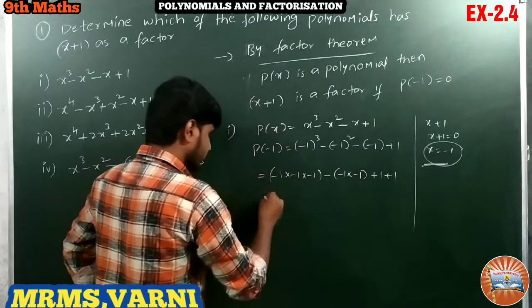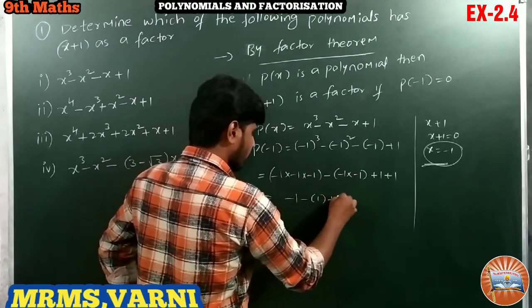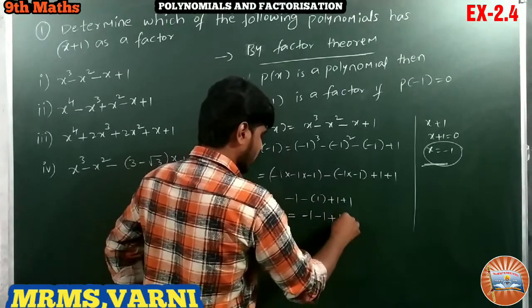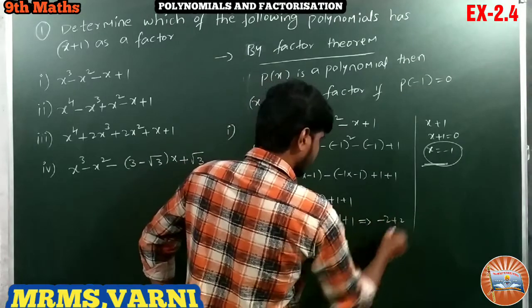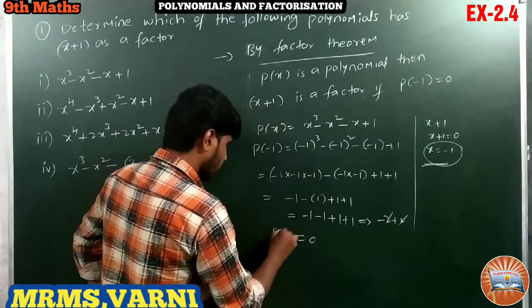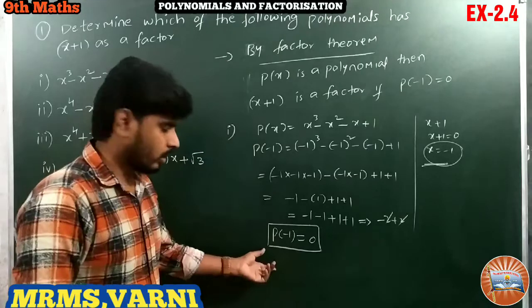It becomes minus 1 minus 1 plus 1 plus 1. This is nothing but minus 2 plus 2. These two get cancelled. 0 we got. So p of minus 1 we got 0, isn't it?